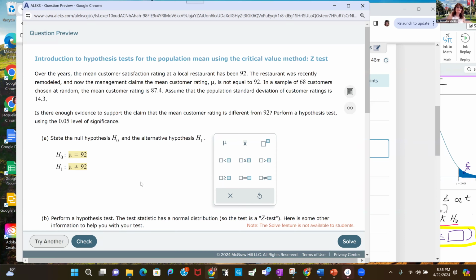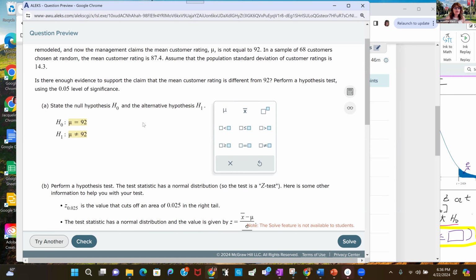So this is a two-tailed test. And there was a sample taken of 68 customers. We got the sample mean, and we also know the population standard deviation. You're asked to do a hypothesis test at the 5% level of significance.